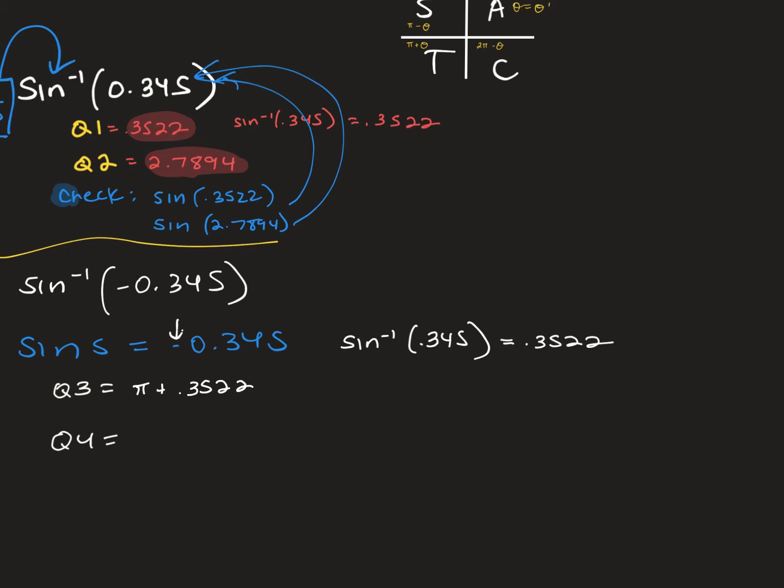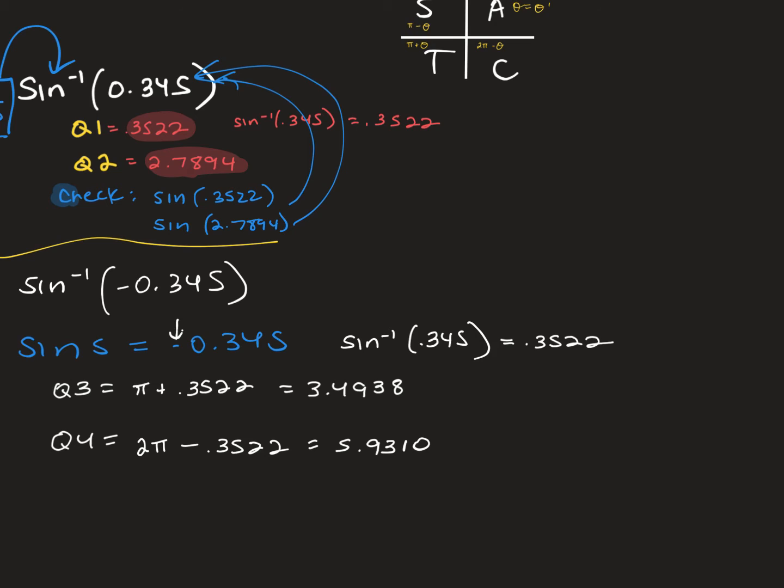And in the fourth quadrant, we're going to do 2 pi minus 0.3522. So again, pi plus 0.3522 is 3.4938. And 2 pi minus 0.3522 is 5.93098, so the 8 bumps up the 9, the 9 bumps up the 0.